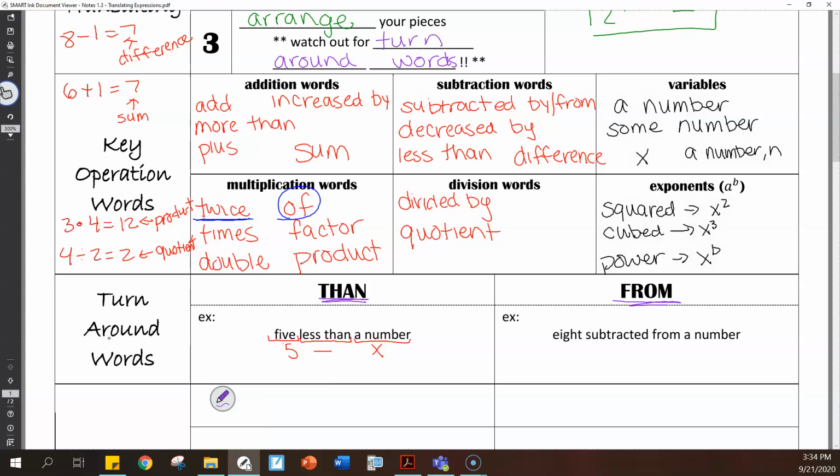It's not 5 minus x. I'm starting with the number, and then I'm taking 5 away. 5 less than that number. I have the number. I'm going to go minus 5 to take that away. So I actually end up needing to flip these because less than is a turnaround word.